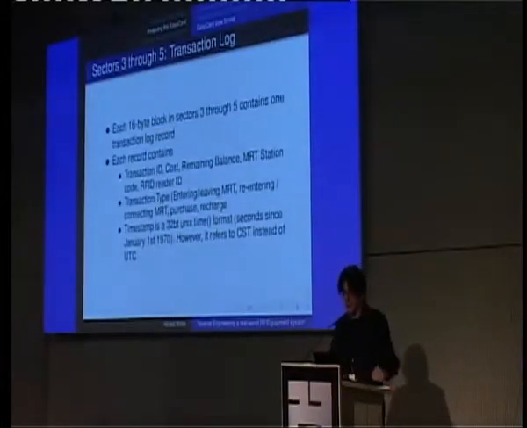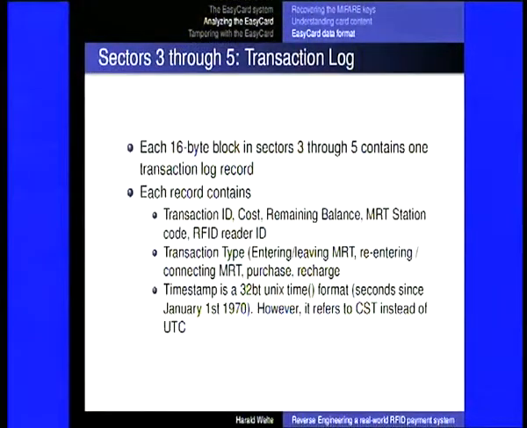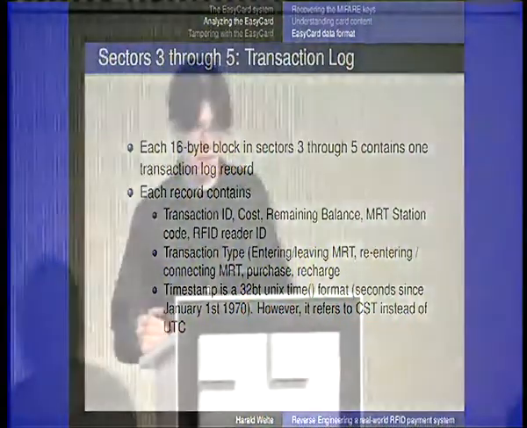It contains log information: the last couple of operations that this card has done, stuff like a transaction identifier, the cost, like the amount of money that was involved, the remaining balance, at which particular MRT station it happened, the RFID reader ID, was it entering the station, leaving the station, connecting is again a different operation, or purchasing something in cash, or actually recharging the card using a recharge machine. There's a timestamp associated, which conveniently is a 32-bit Unix time format in seconds since the epoch. However, it refers to Chinese Standard Time, not to UTC.